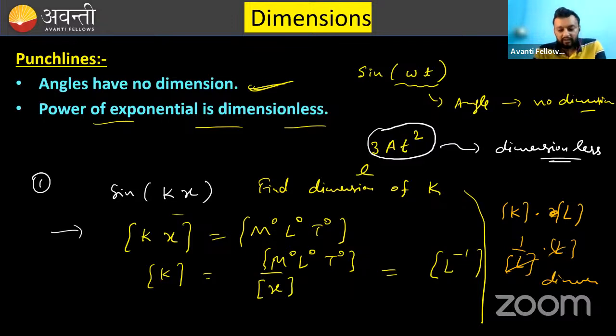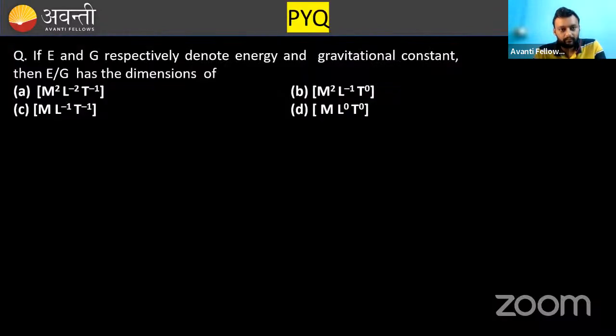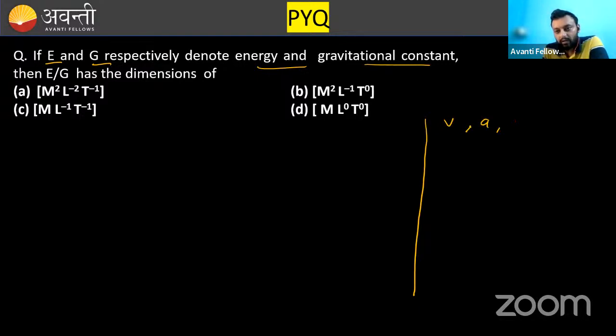After these punchlines, we will solve some questions. This is a very basic question. E and G denote energy and gravitational constant. Now let me ask you one thing. Remember a few of the dimensions, like velocity, acceleration, force, energy, work done, torque, gravitational constant.